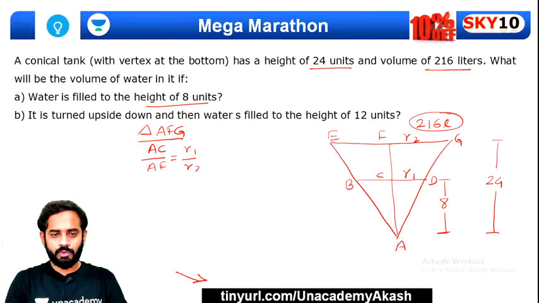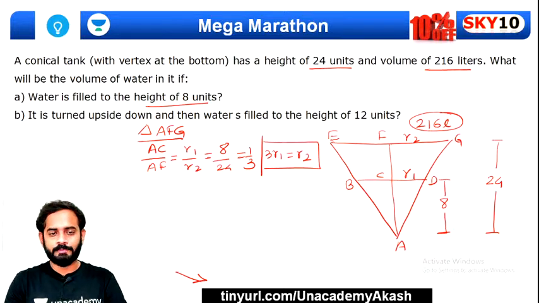AC is what? 8 and AF is what? 24. So it is 1 by 3. So from here what did you get? You got thrice R1 is equal to R2.